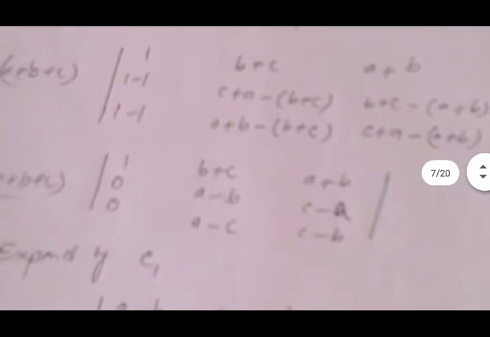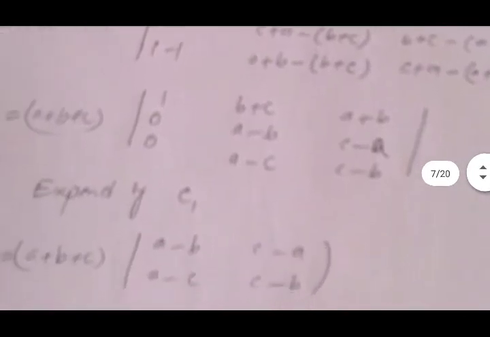Here 1 0 0, and we expand by column 1, it leads to this, and then we cross multiply and get the answer, which equals the formula on the right.